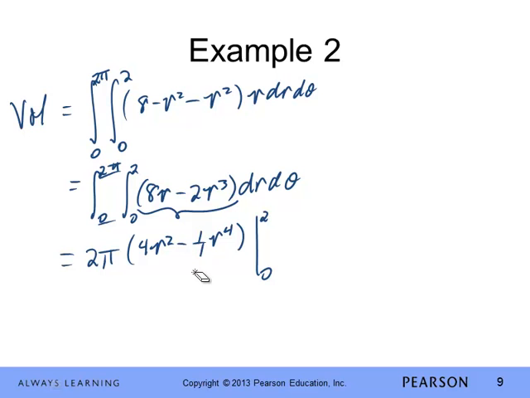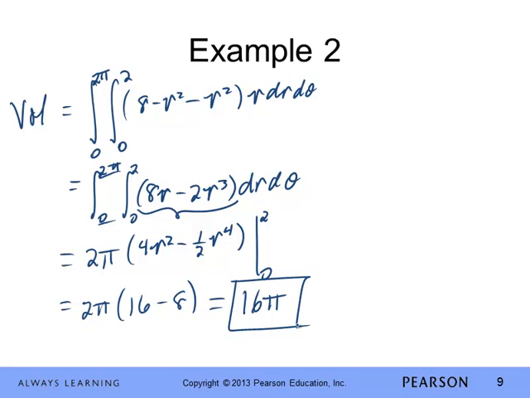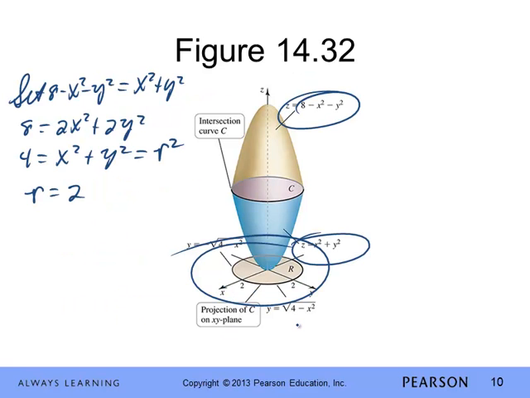And then you'll plug in 2 for r. You got what? 2 squared is 4 times 4 is 16 minus what? 16 over 2, which is 8. So 8 times 2 pi is 16 pi if we did this right. So that's the volume between these two surfaces.